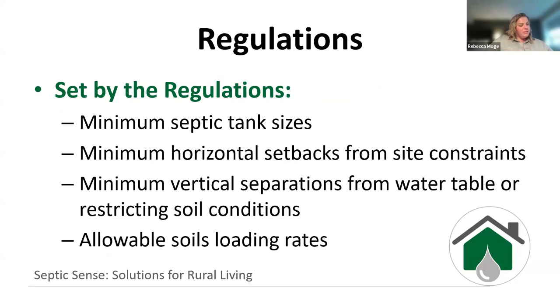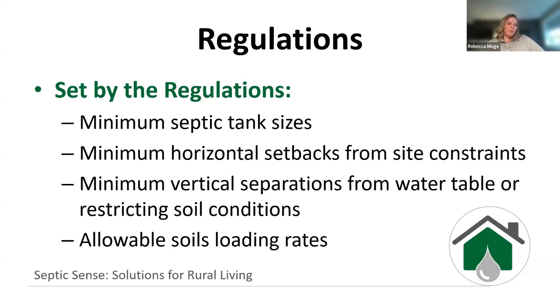The regulations, so that's dealing with, as I mentioned, the setbacks that we're looking at, the vertical separation. So we've talked about 5 feet for a treatment field or 3 feet for a mound, different restricting soil conditions, minimum septic tank size. So I have a 2-bedroom house, how big of a tank do I need?